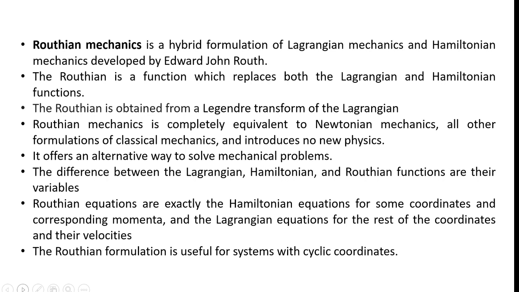velocities were important. In Routhian mechanics, you will see that your Routh function, or the Routhian, will depend upon generalized coordinates, and only the velocities of those coordinates which are not present in the Routh function.